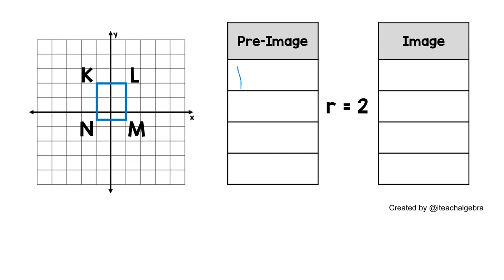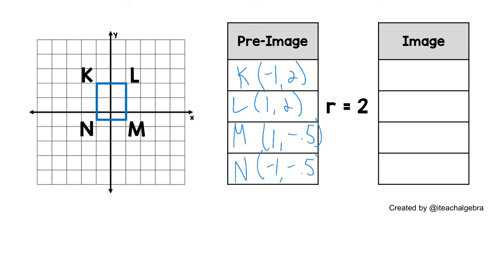All right, let's write down the coordinates of K, L, M, N. K is at -1, 2. L is at 1, 2. M is at 1, -1/2. And N is at -1, -1/2.